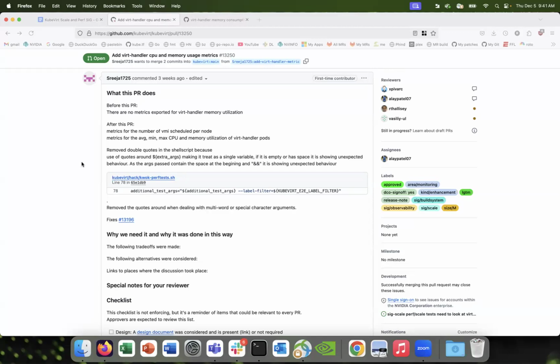The two other metrics are the separate min, max, and average utilization, and the number of VMIs that landed on each node. Would that help, Lubo? In summary, we have three metrics: one currently in the PR that gets plotted, and the other two there for correlation. Okay, sounds good, I think.